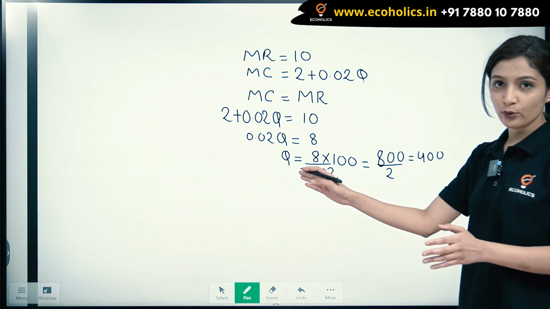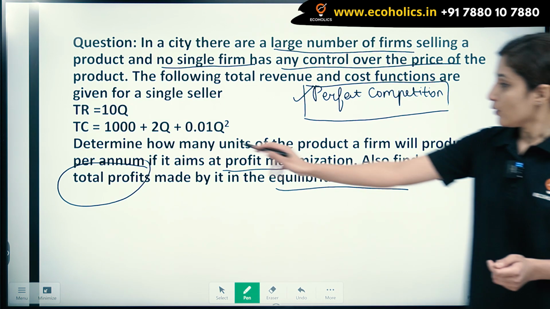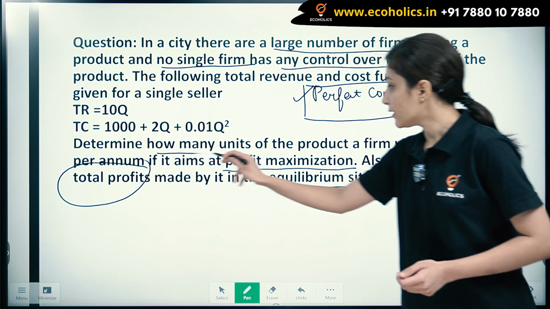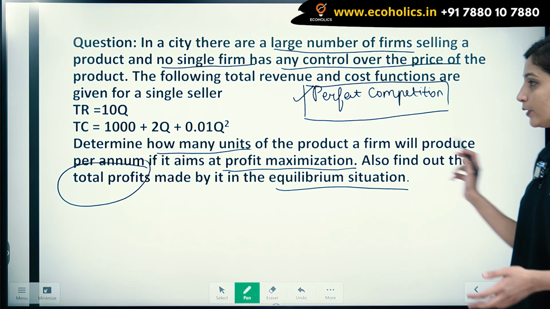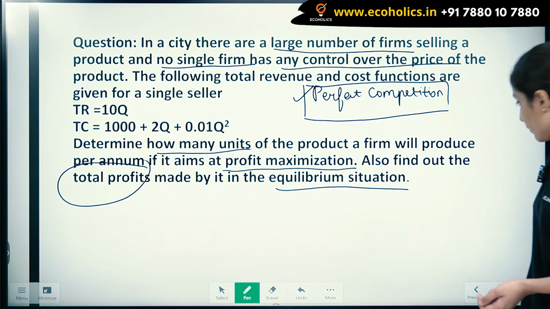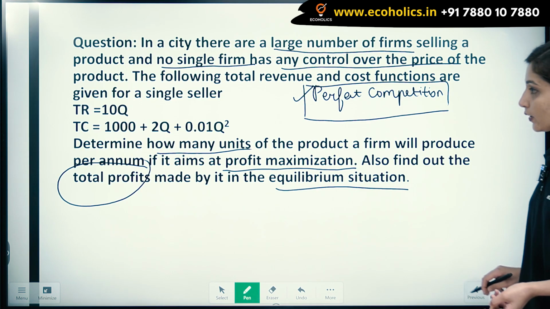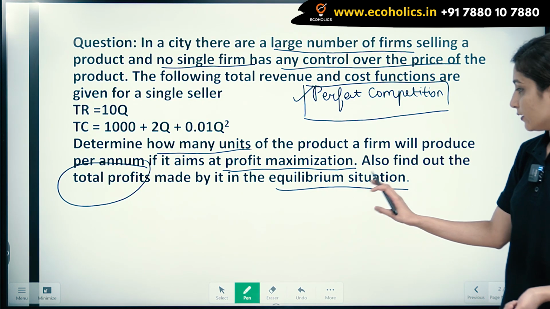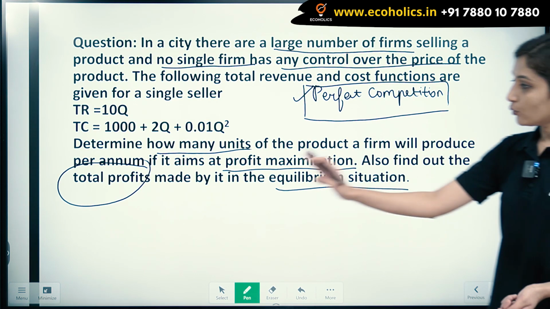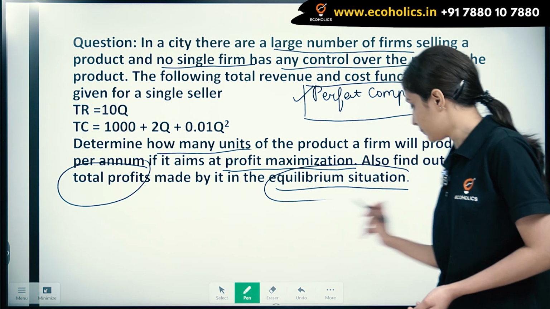So our Q is equal to 400. We need to find how many units of the product a firm will produce per annum if it aims at profit maximization. So we got the answer as Q is equal to 400. Now the second part of question is also find out the total profits made by the firm in the equilibrium situation.